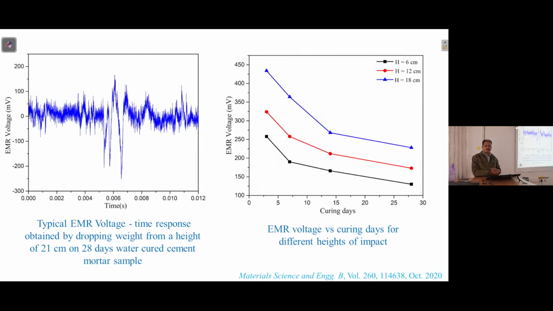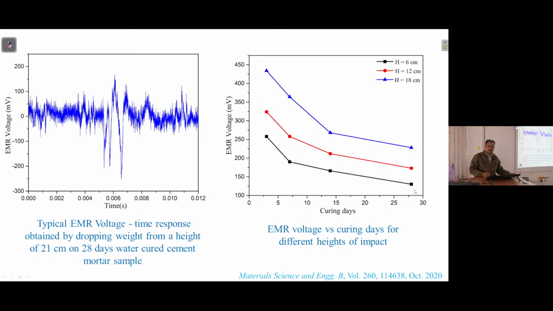And here are the results when weight is dropped on this. Here again relatively higher voltage is obtained. In the previous slide we were varying from 13 to 43 or something like that, and here even the minimum, for the 28 days cured samples, is beyond 100 millivolts, close to 130 millivolts.